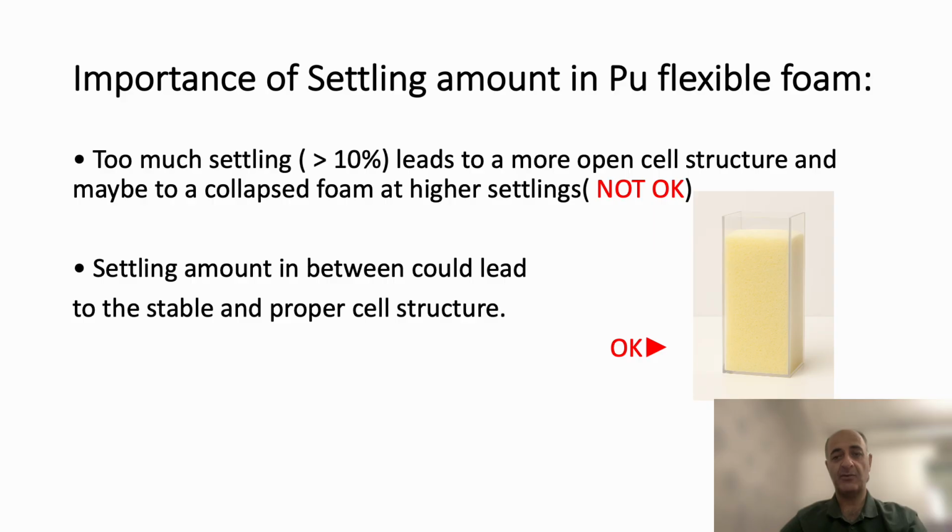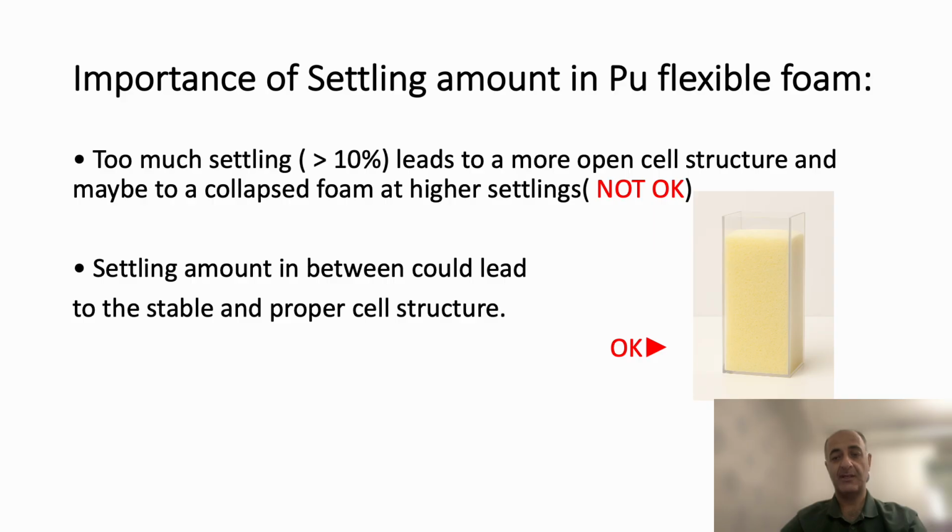But when the settling amount is in between, between the shrinkage state and the collapse state, it would be the desired and suitable state for us, with a stable and proper cell structure.